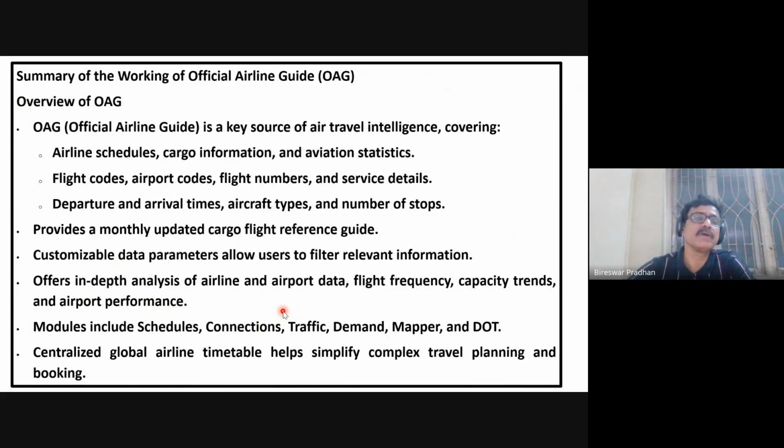Now, a summary of the working of the Official Airline Guide. What is that? The OAG is a key source of air travel intelligence, covering air schedules, cargo information, and aviation statistics.